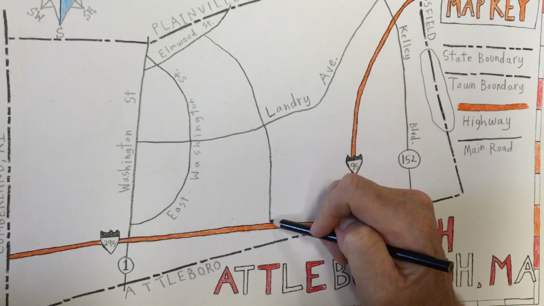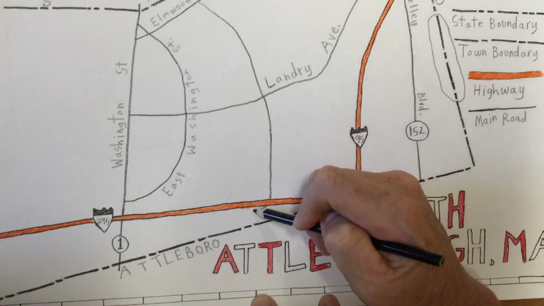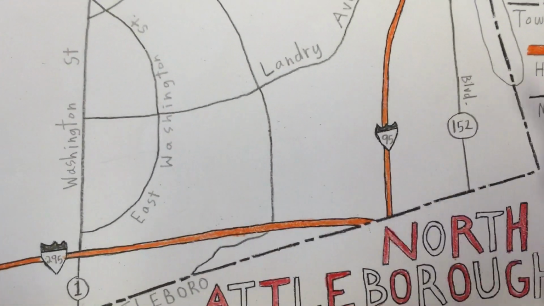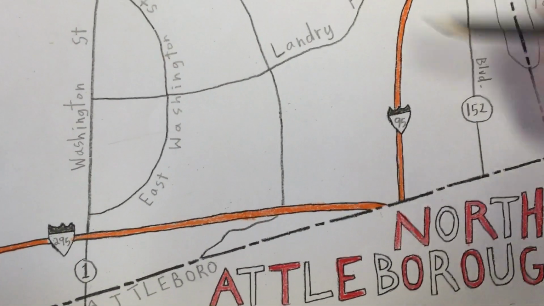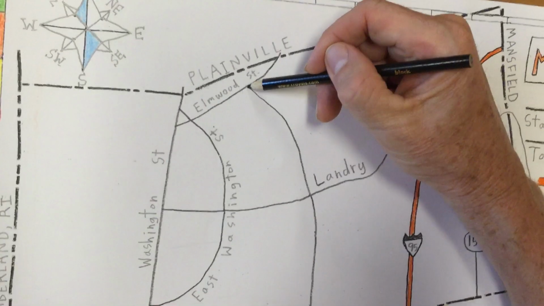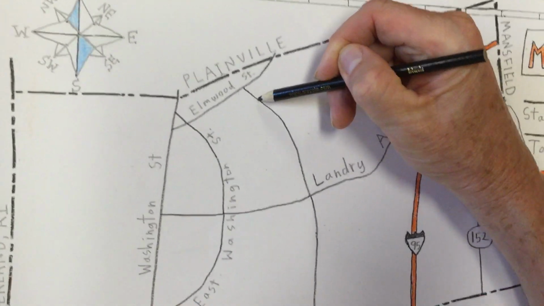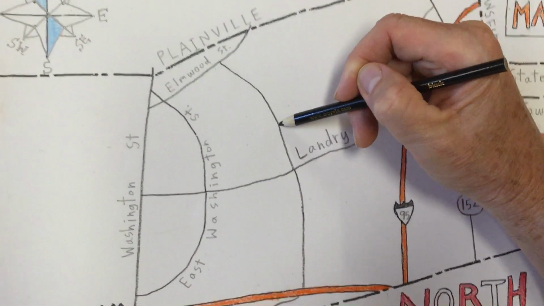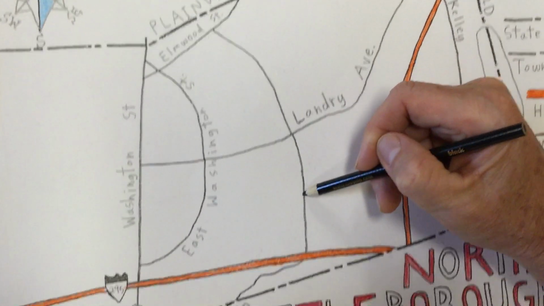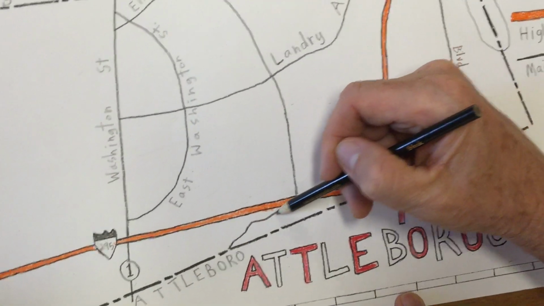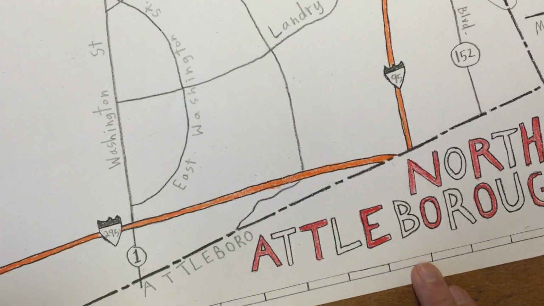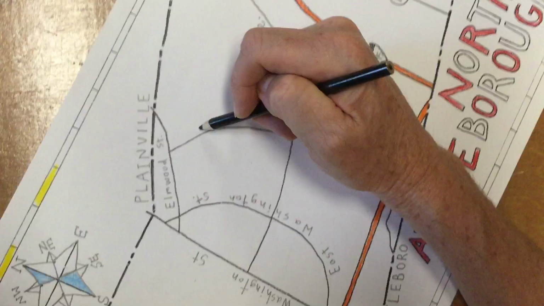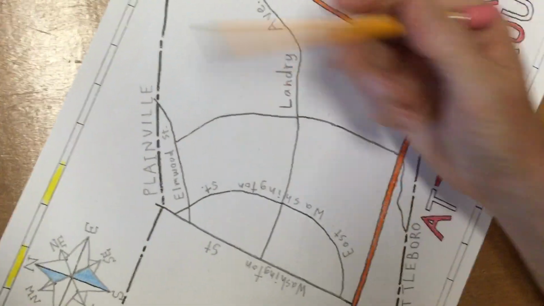It does an unexpected turn at this point. It veers over like this. Okay, so once again, let's follow that road. It's from Elmwood Street, right across Landry, down to 295, and then over a little bit like that. That road was called Mount Hope Street.